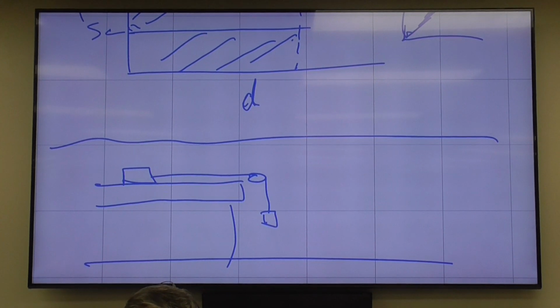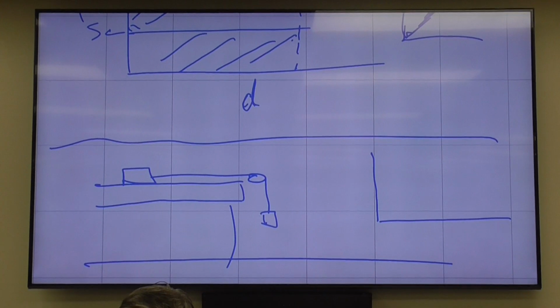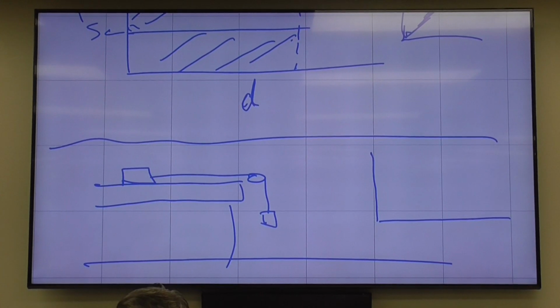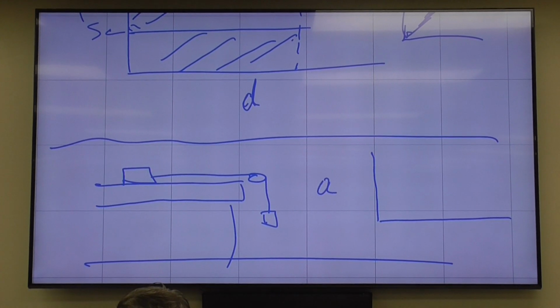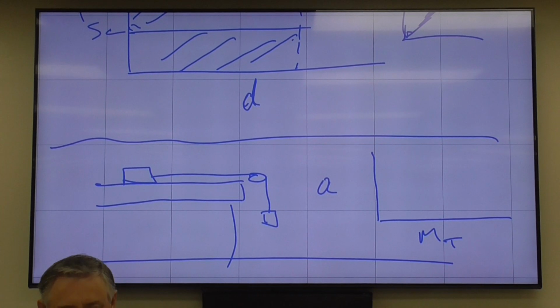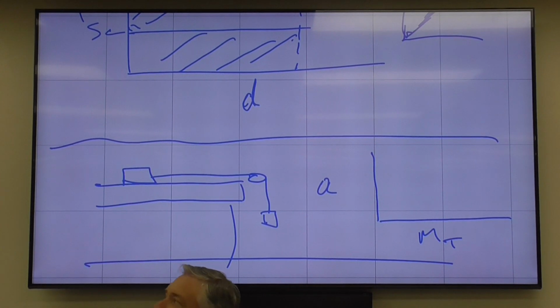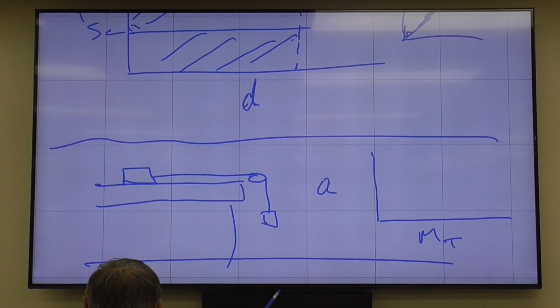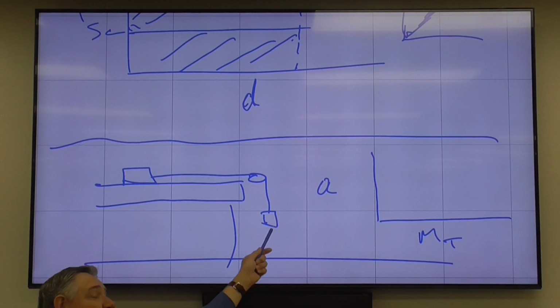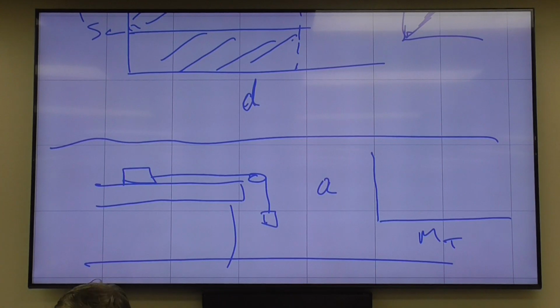Let's say this is acceleration, and this is the mass on the table. So what would this graph look like? On the y-axis, I'm going to have the acceleration of the mass that has room to fall.